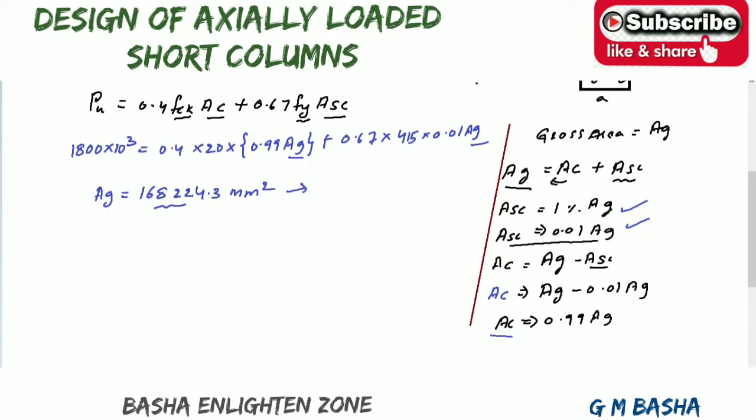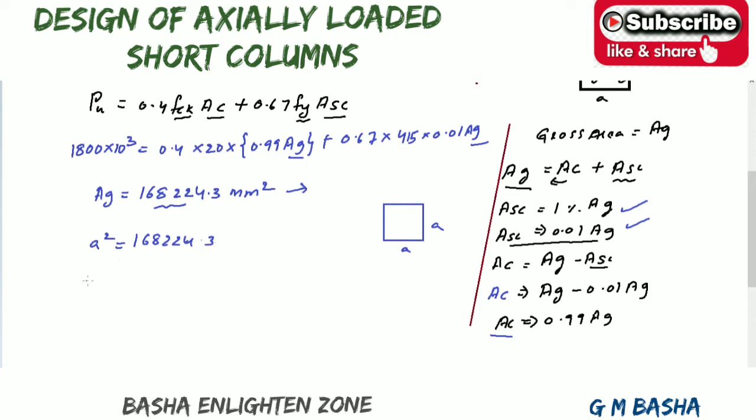And already I told you, Ag is the gross cross sectional area. So already we assumed that one, some A by A, which is A square. So therefore A square will be equal to 16822.43. Then take the square root of that one.